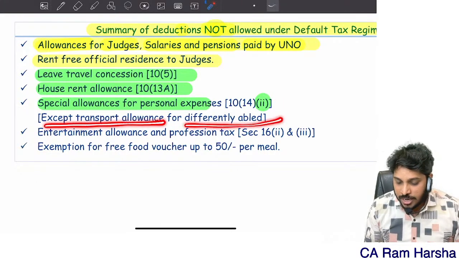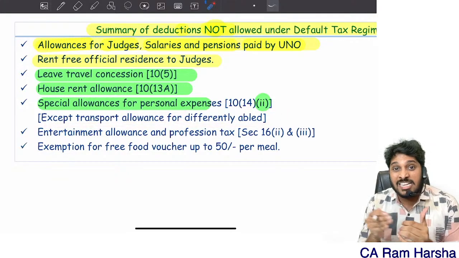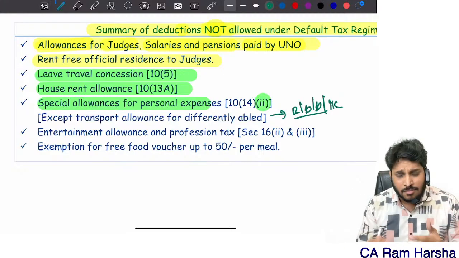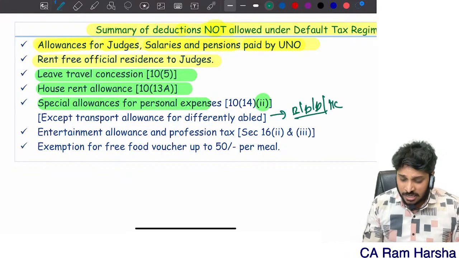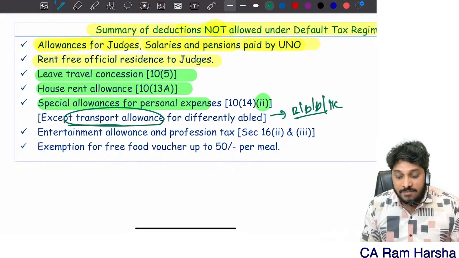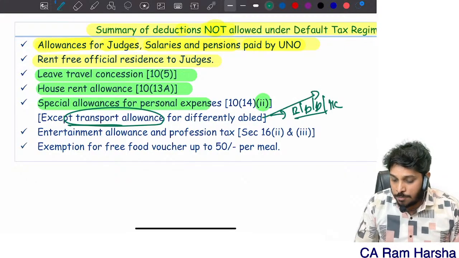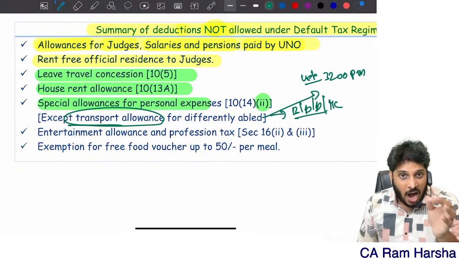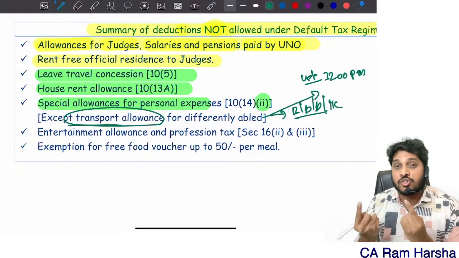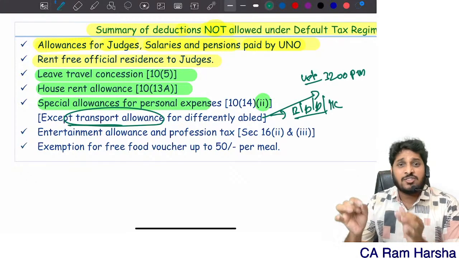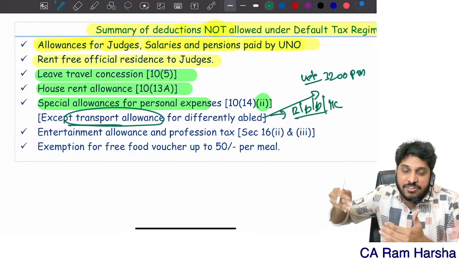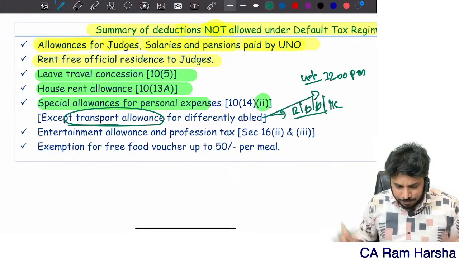Only the transport element for differently abled people, blind, deaf, dumb, handicapped people. Transport allowance alone they will get a deduction. How much deduction? Up to 3,200 per month. Transport allowance can be claimed as deduction for differently abled people.